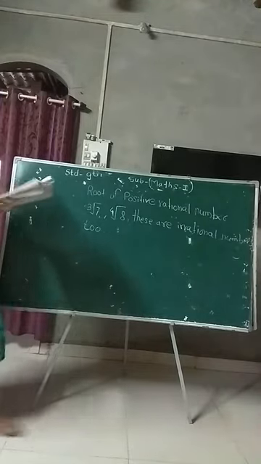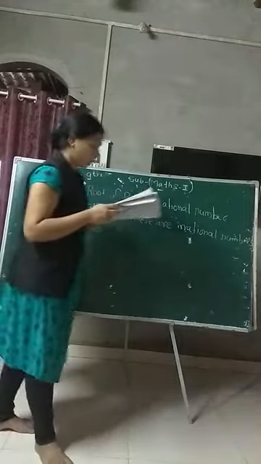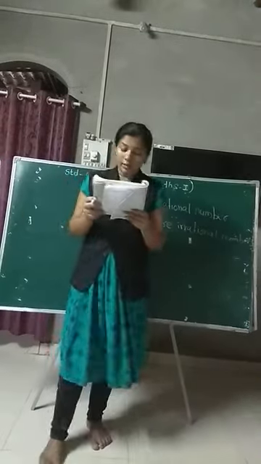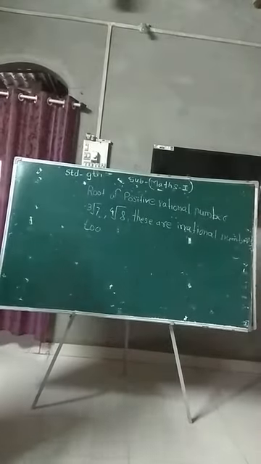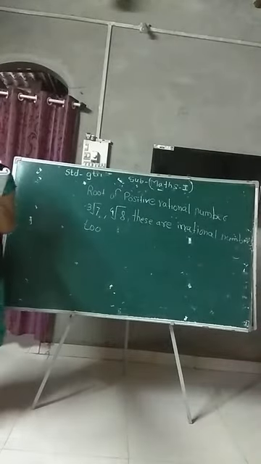If n is a positive integer and x raised to n is equal to a, then x is the nth root of a. For example, x is equal to the fifth root of 2.